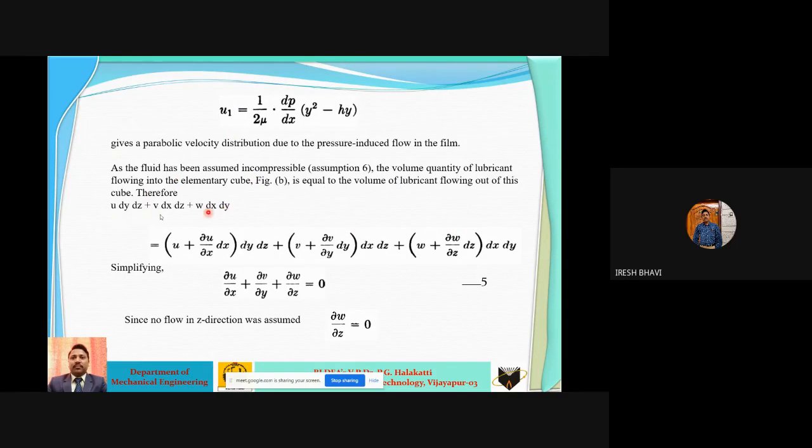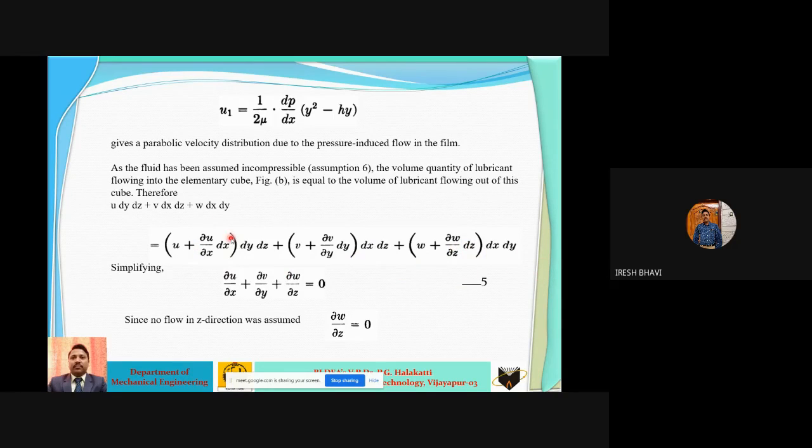Hence, u into dy into dz plus v into dx into dz plus w into dx into dy, that is the volume of fluid entering, is equal to its differential change in volume, that is u plus du by dx into dx into dy dz plus v plus dv by dy into dy dx dz plus w plus dw by dz into dz dx dy.